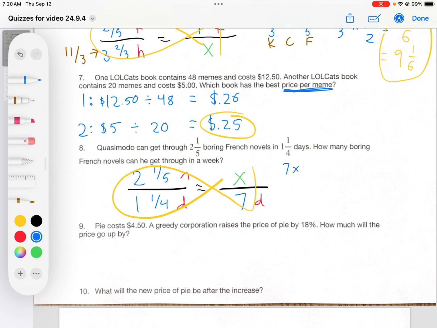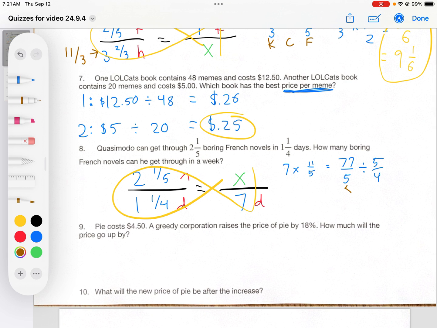7 times, and I'm going to turn 2 1/5 into 11/5. So that's 77/5 divided by 5/4 from 1 1/4. We use keep, change, flip on these fractions. We keep 77/5 the same.